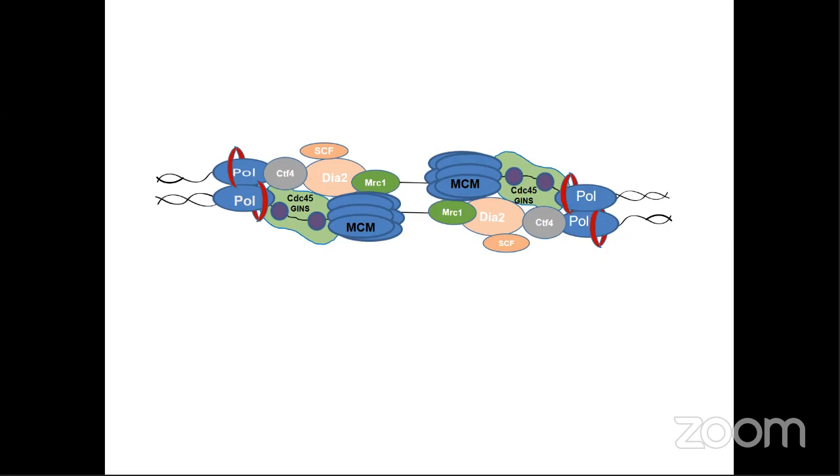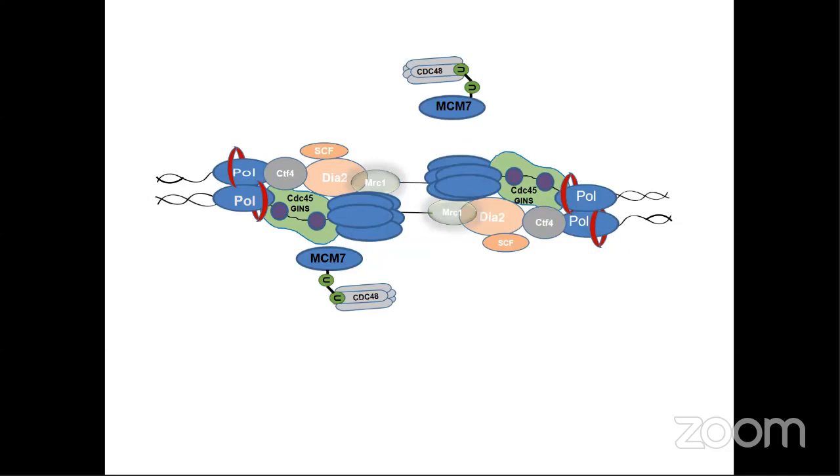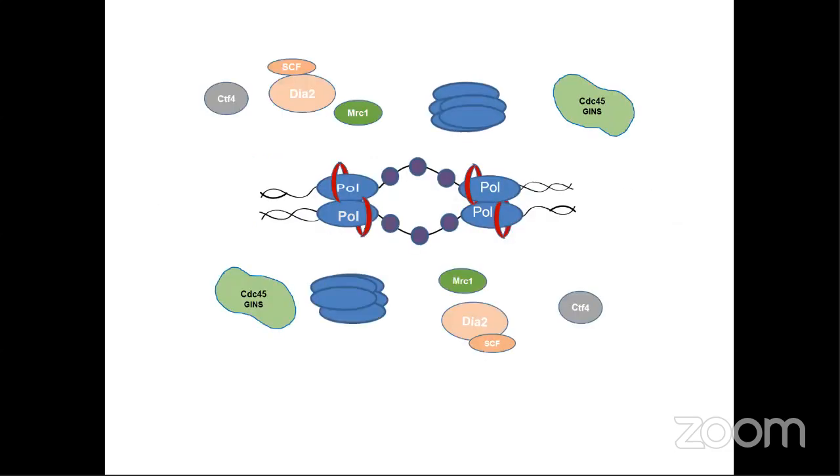So people have found that in this model, DIA2, as part of the SCF ubiquitin ligase complex, ubiquitinates MCM7, which acts as a binding and recognition site for CDC48, which disassembles the MCM complex, and after that, disassembles the whole replisome. So the polymerases can finish this DNA in between the two replicons.